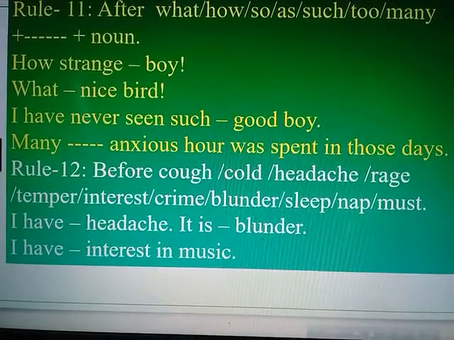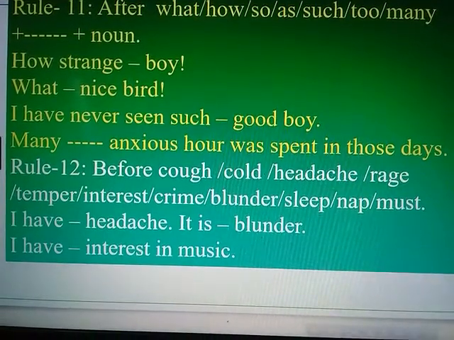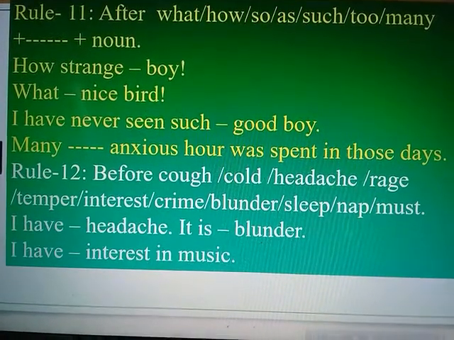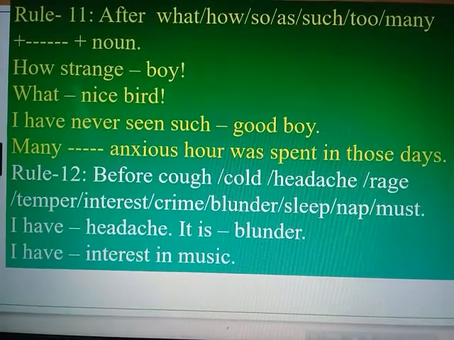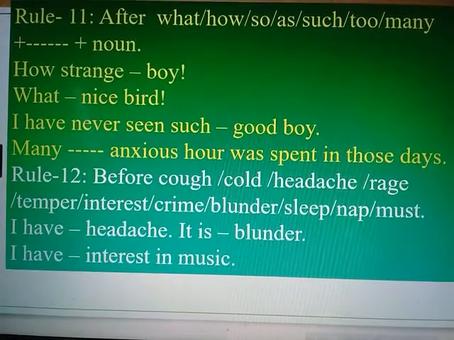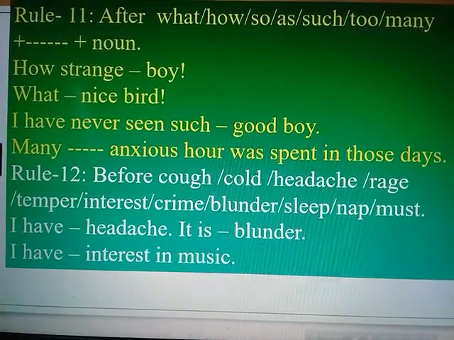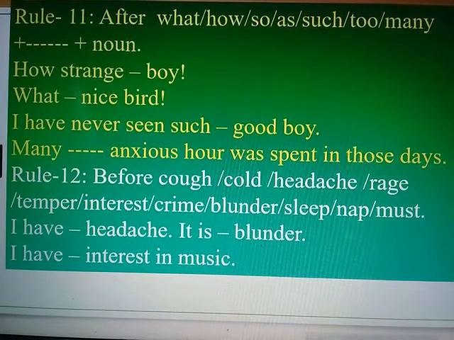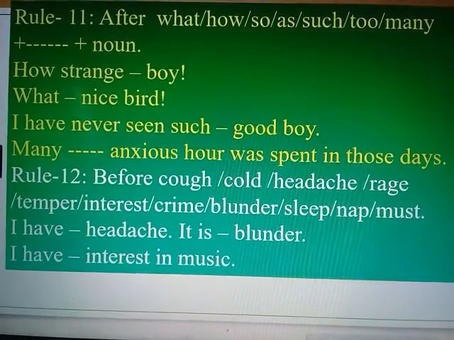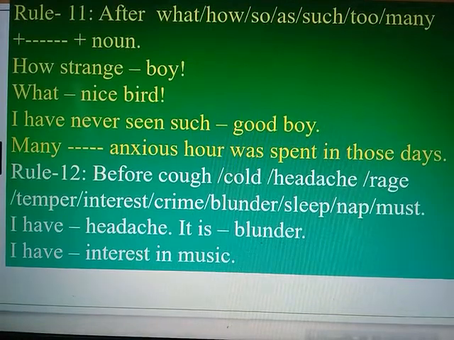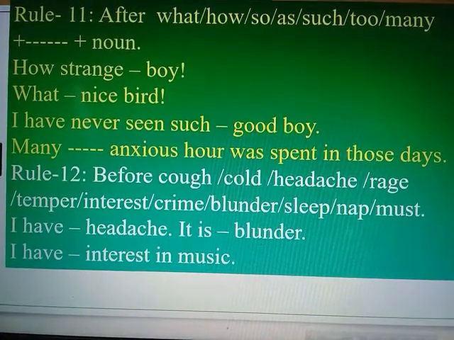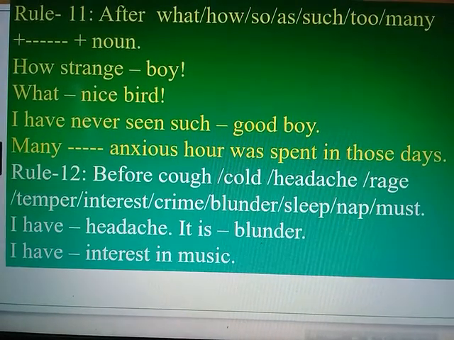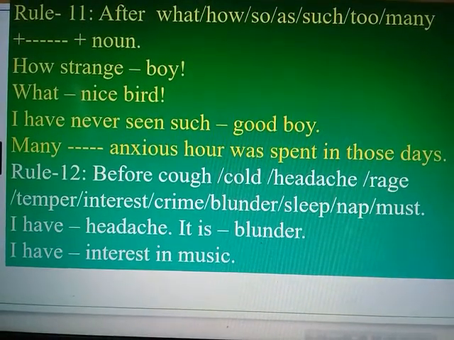It is a blunder. I have an interest in music. Blunder means a big fault, a big mistake. Rage and temper mean to become irritated.